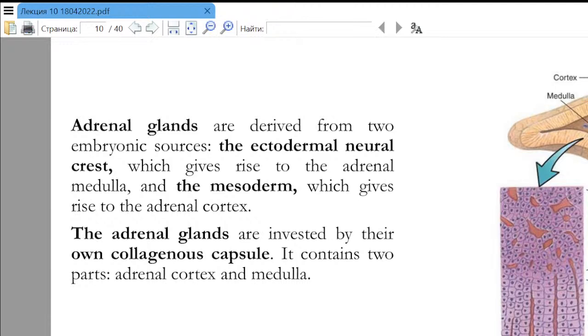The adrenal glands are invested by their own collagenous capsule. It contains two parts, adrenal cortex and medulla.